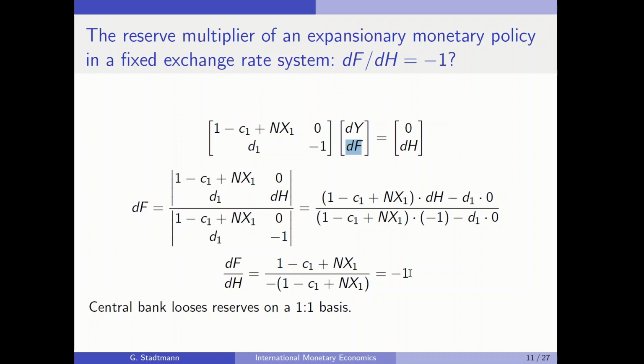So the central bank is losing reserves on a 1 to 1 basis. In case the central bank increases the domestic component of money supply, H, by 100 units, then the central bank is losing 100 units of reserves. And therefore, in the end, money supply does not change.